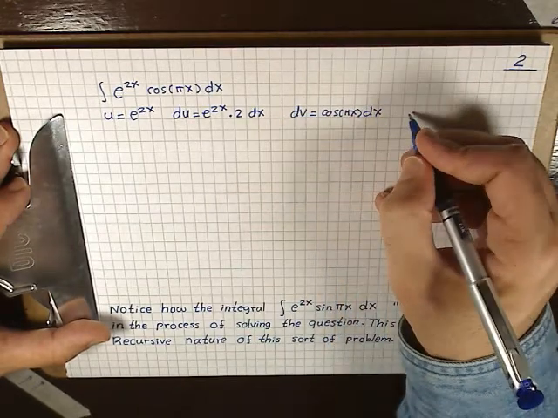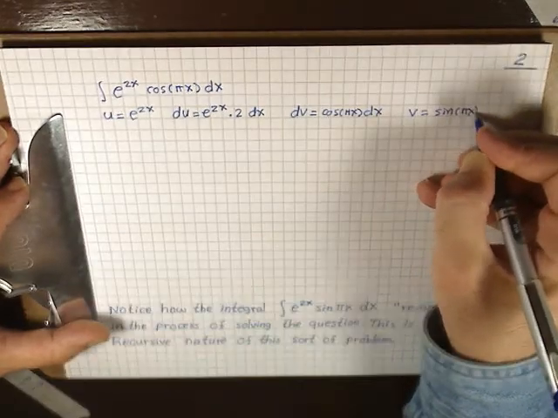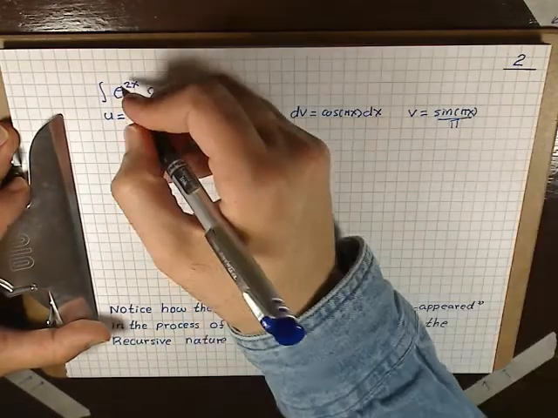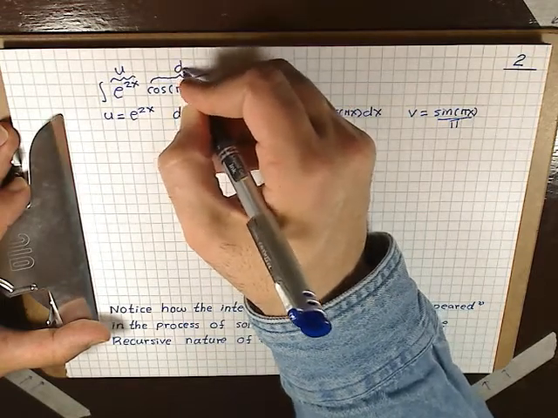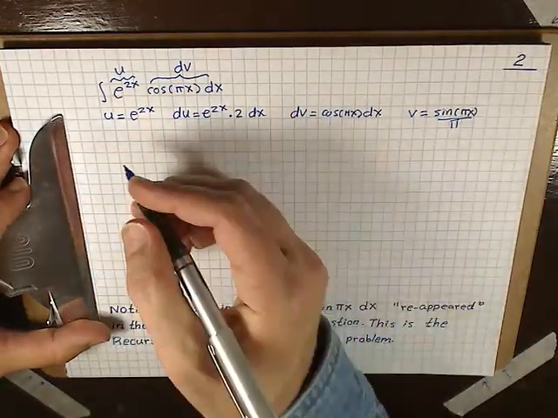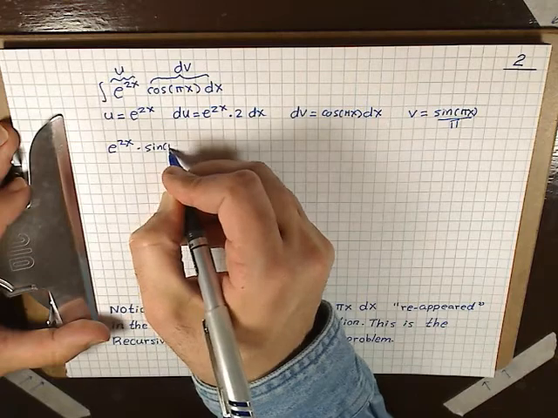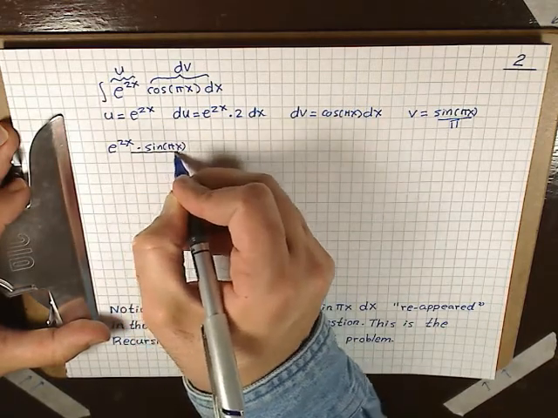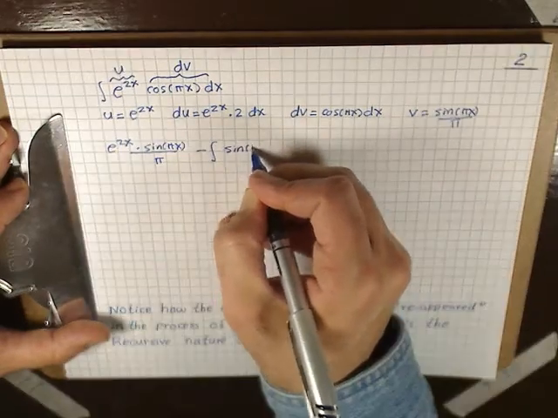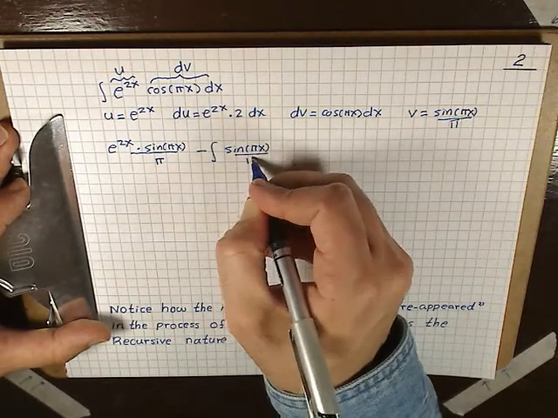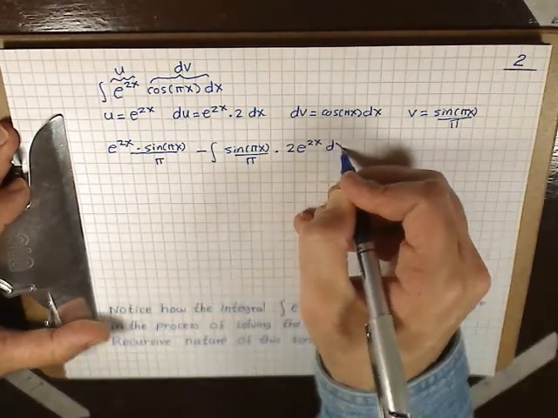And integrating both sides, we get v is equal to sine of pi x over pi. So this part is u, and this part is dv. Apply the formula: u times v, e to the 2x times sine of pi x over pi, minus the integral of v, that's sine of pi x over pi, times du, that's 2 e to the 2x dx.